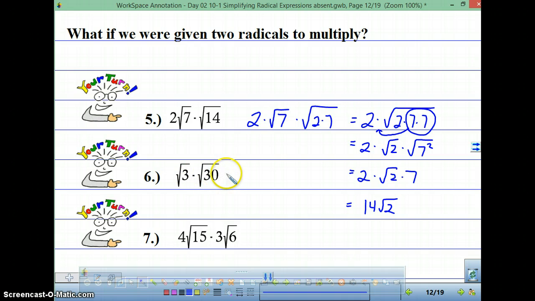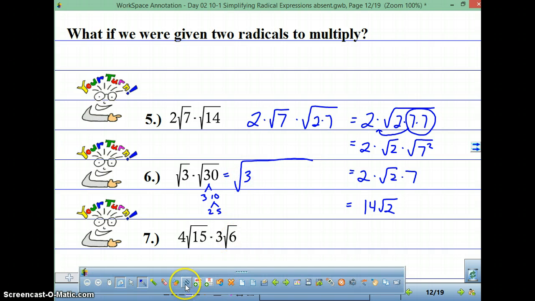Let's try this one now. Again, I'm going to start by writing this as primes. 30 is the same thing as 3 times 10. That's 2 times 5. Oh, sorry. Let me start with, I'm going to put them all in order. I've got 3 times 3 times 2 times 5.